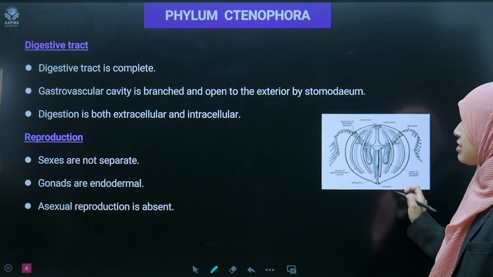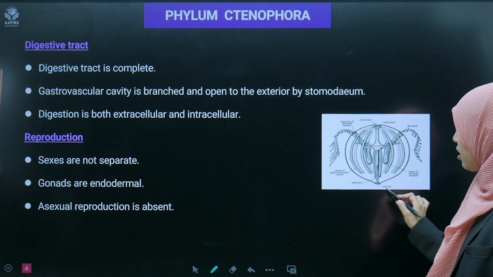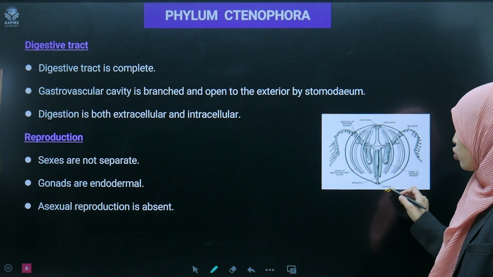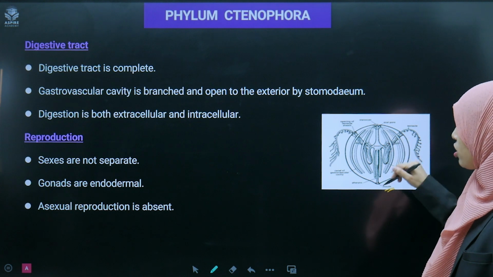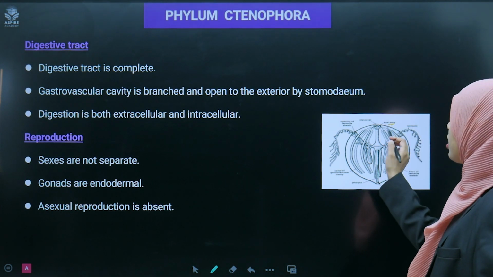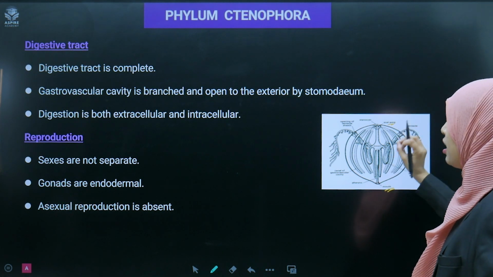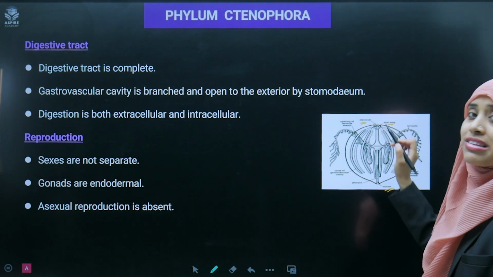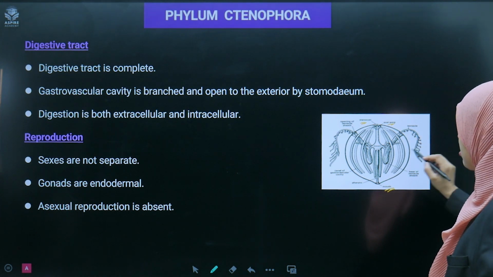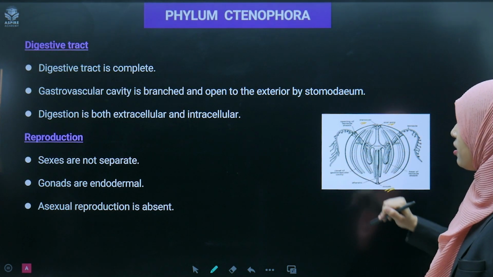Okay. Firstly, let's see this diagram. Here it is clearly visible that one of the pores or openings is known as the mouth. Okay. And on the opposite side, there is the anal pore. And at the anal pore region, statocysts are also present. Tentacles are also visible.